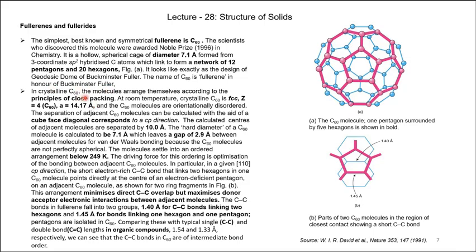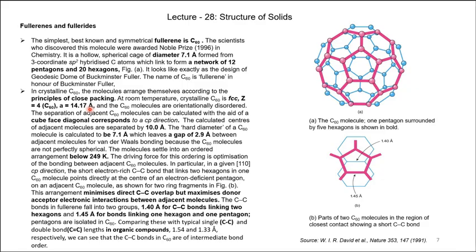In crystalline C60, the molecules arrange themselves according to the principle of closed packing, as I said, and that is a face-centered closed packing. The formula unit is 4 in C60, and the cell parameter is 14.17 angstrom.